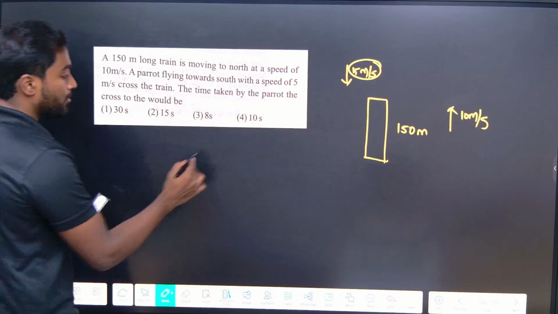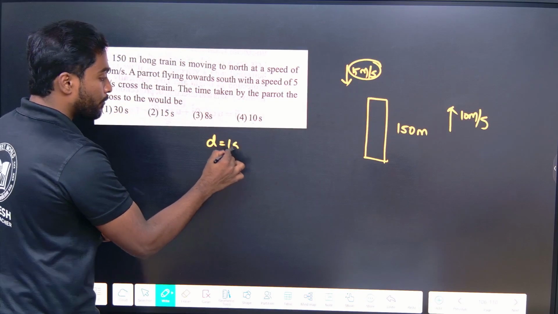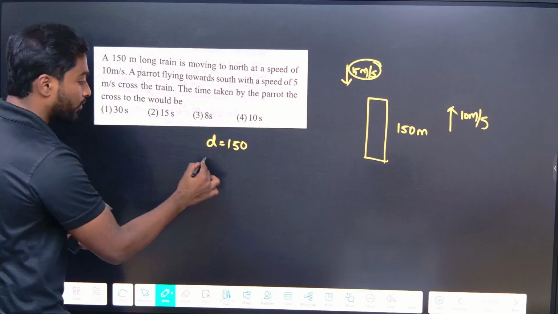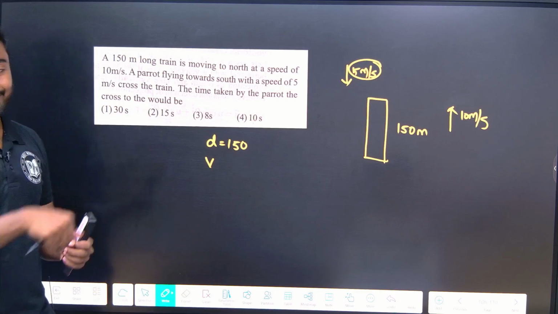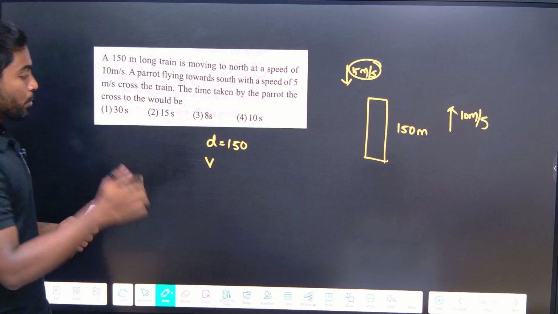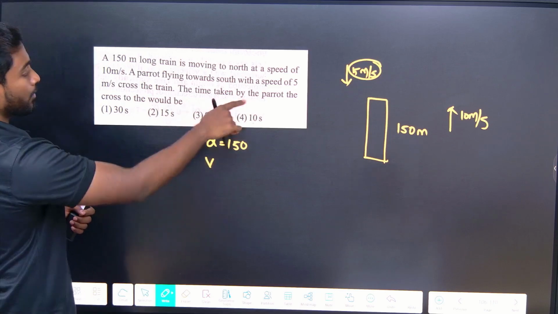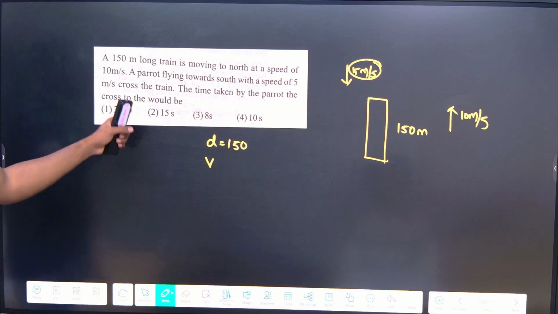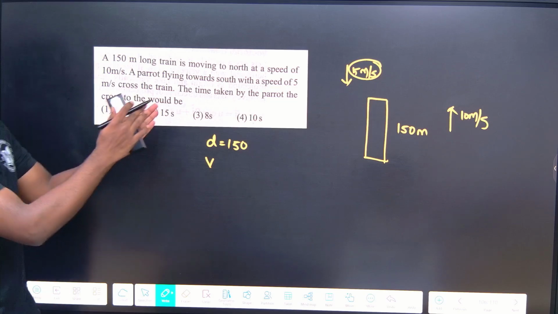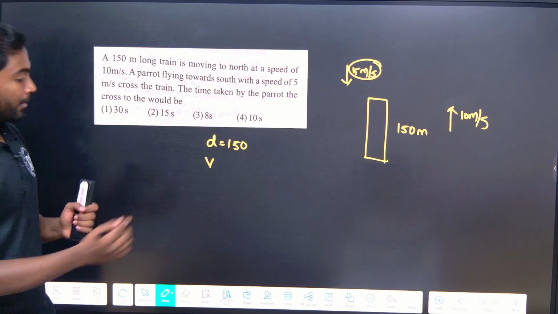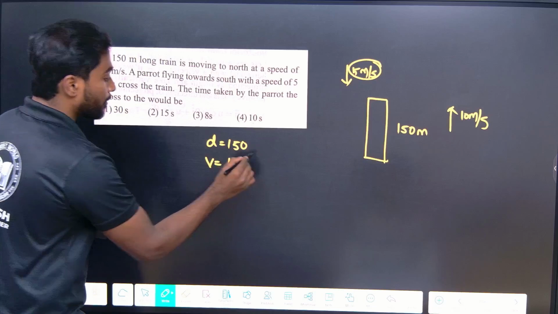So the displacement will be 150, but how can I take the velocity? One is in positive, one is in negative, right? Which means velocity of the parrot with respect to train is 5 plus 10. I can add directly, 15.